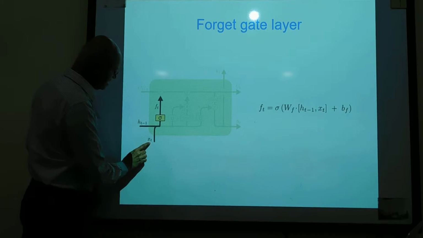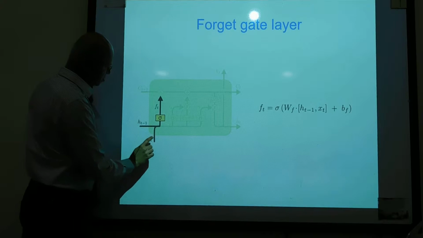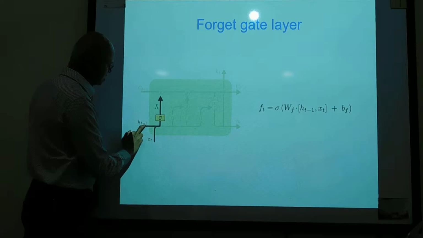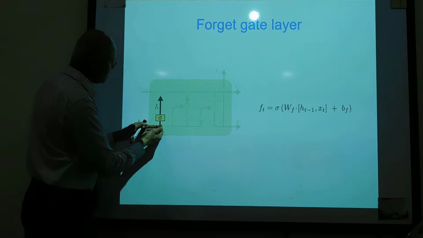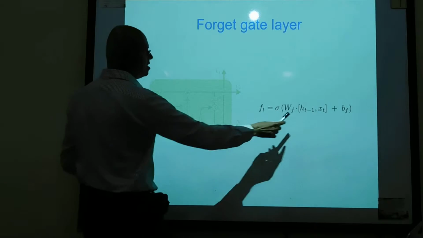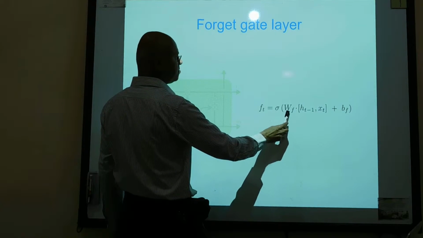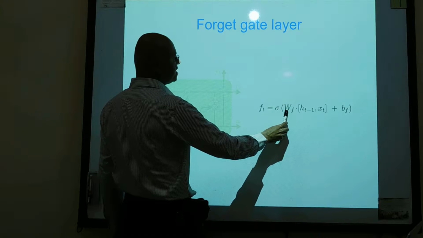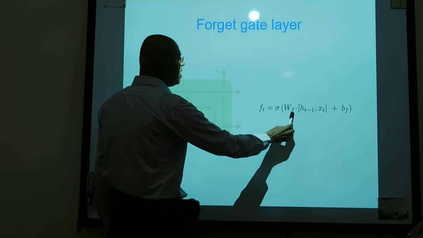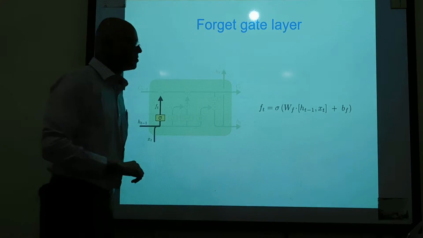At time instant t, the input xt comes, and this cell also remembers its hidden state ht-1 from time t minus 1. These two are combined. When you say combined, xt gets multiplied by a weight matrix, called WF for the forget gate.